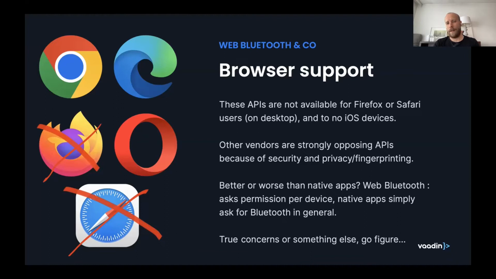I have actually read a couple of really long discussions in GitHub where people are complaining to Firefox developers, why can't you enable this API? And yeah, that discussion is partly quite absurd in both ways.